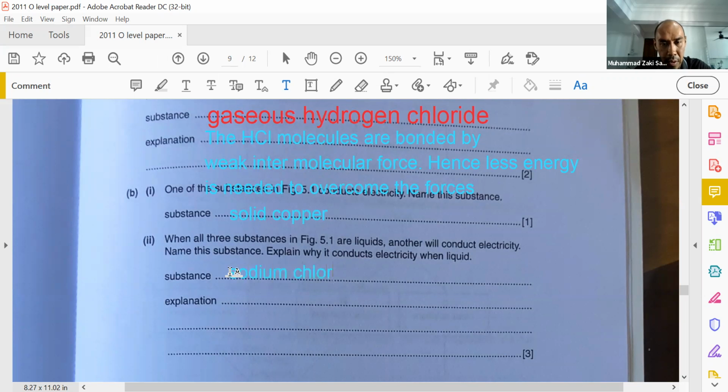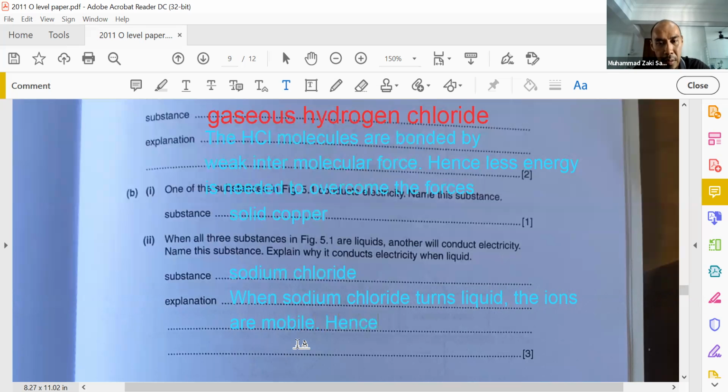sodium chloride. Explanation. What happens when the sodium chloride melts? When it melts, the ions in the substance, that is the sodium ions and the chloride ions, are mobile and able to carry charges. So when sodium chloride turns liquid, the ions are mobile.